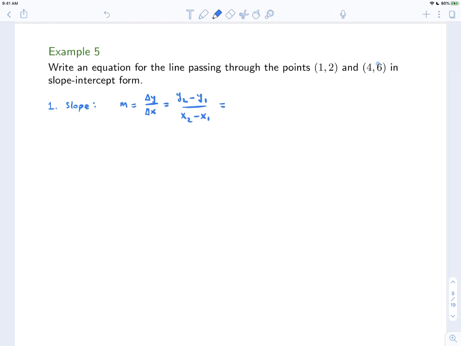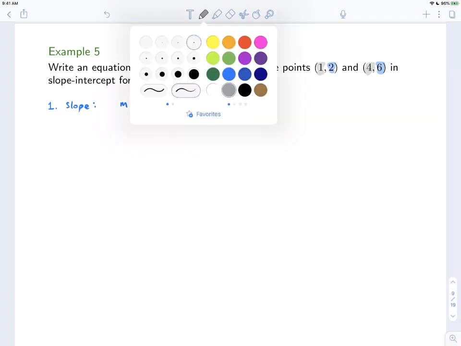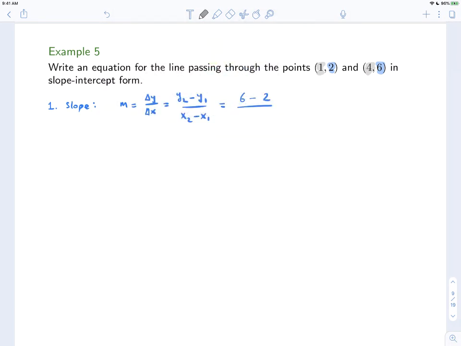Here are the y values, 6 and 2. So it's going to be 6 minus 2. Then we have the x values, 1 and 4. So this is going to be 4 minus 1.